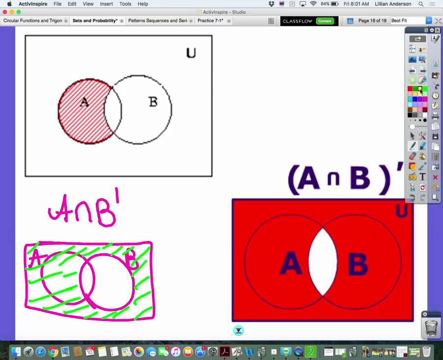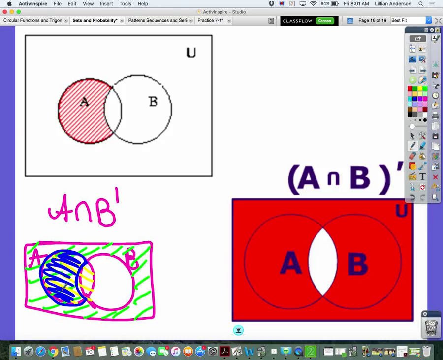Everything that's not in B is what you see shaded in the neon green color. And then you want set A. Well, set A is everything that's in yellow. The intersection between the two is where the two colors overlap each other. As you can see, they overlap right in this general region, which is what the white universal set box shows you.